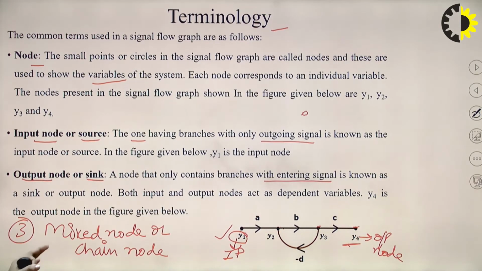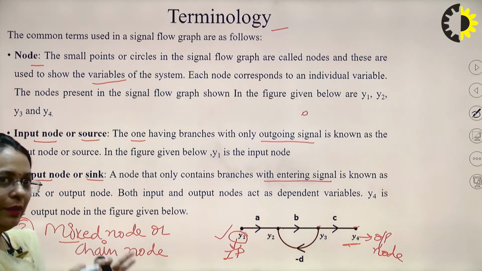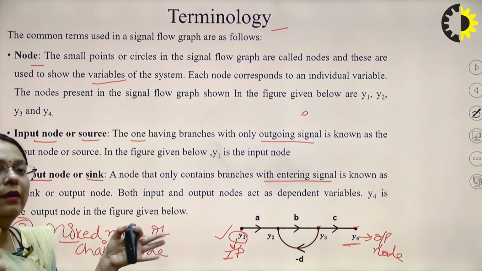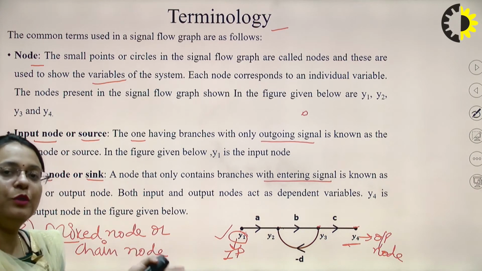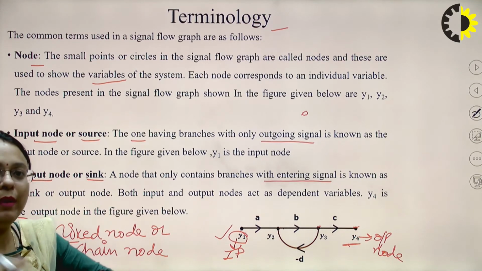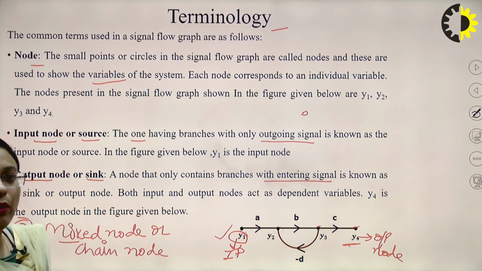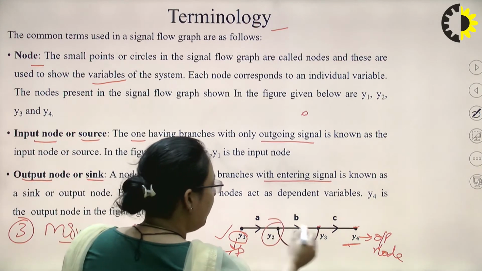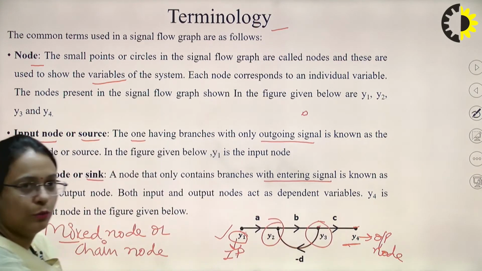And the node which is having both incoming signals as well as outgoing signals, that means the node at which branches are entering as well as branches are leaving, is called the mixed node or the chain node. Here you can see Y2 and Y3 are the mixed nodes.